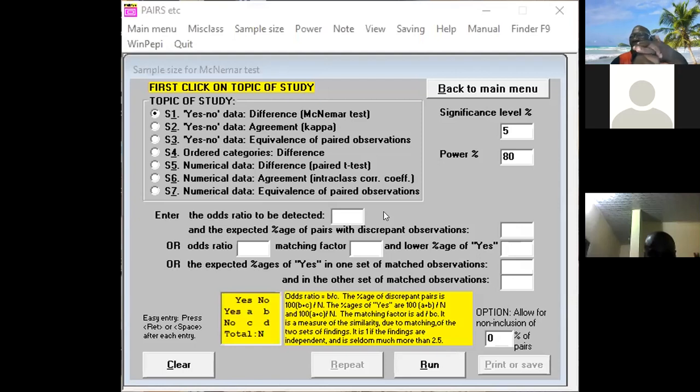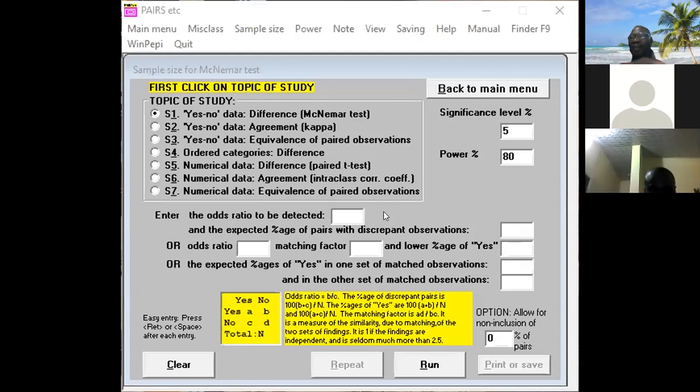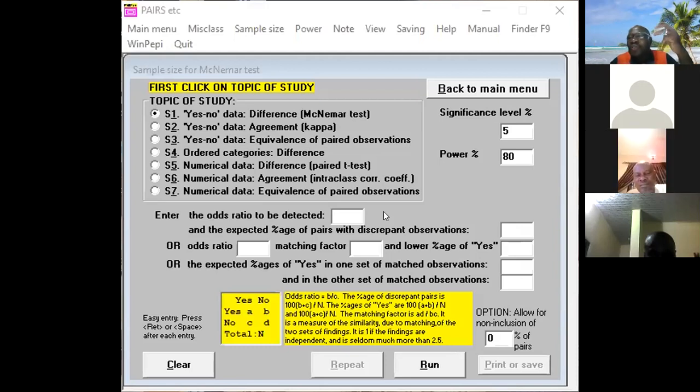All the other criteria, power and significance, are constant values. So you do a literature search to check the prevalence of something in previous studies. Sometimes the previous study will tell you the change recorded. So you get it from literature, or from experience, or if you cannot get one, you do a pilot study to get it. Those are the things you get.